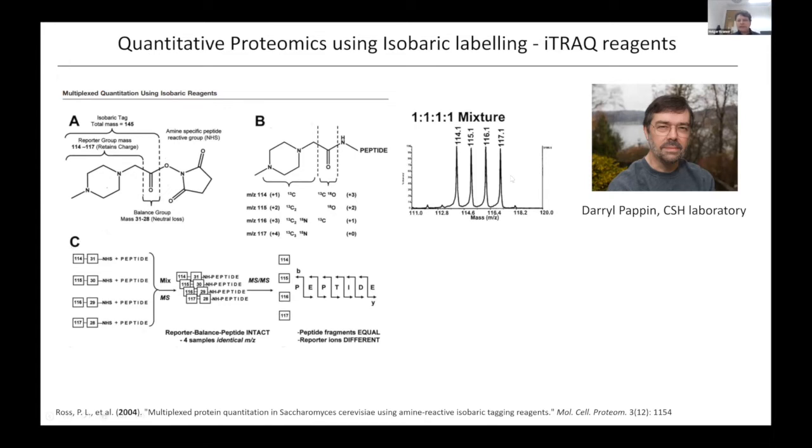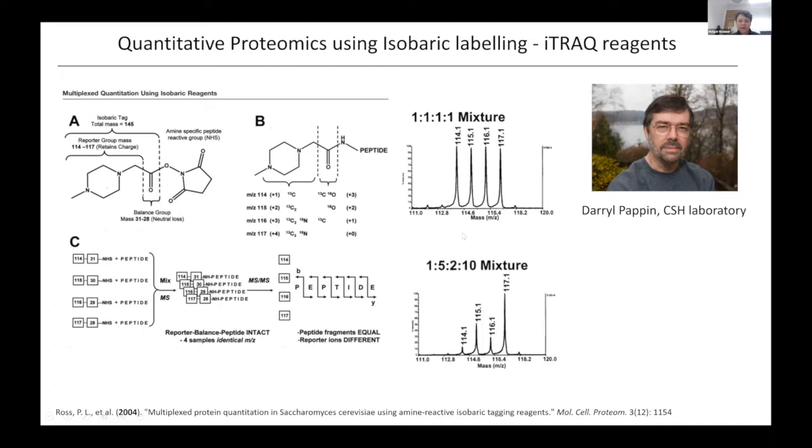And this was really a test experiment to demonstrate the concept, where a mixture of proteins was labeled with the 4 different reagents with the 114, 115, 116, 117 reporter ions, and was then combined in a 1-to-1-to-1-to-1 mixture. And in the low m/z region of the fragmentation spectrum, this is what was observed.